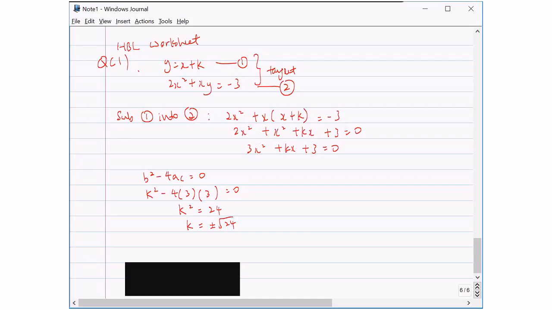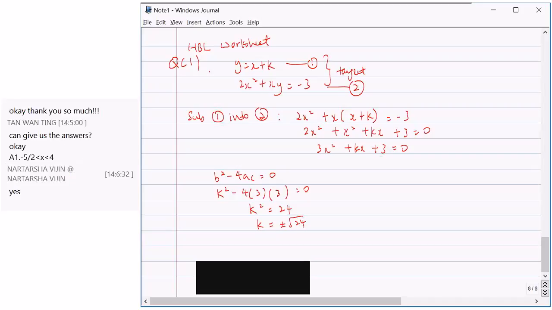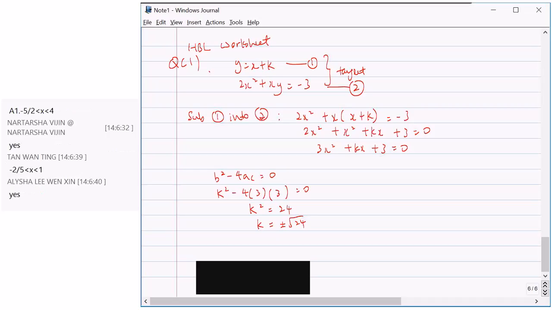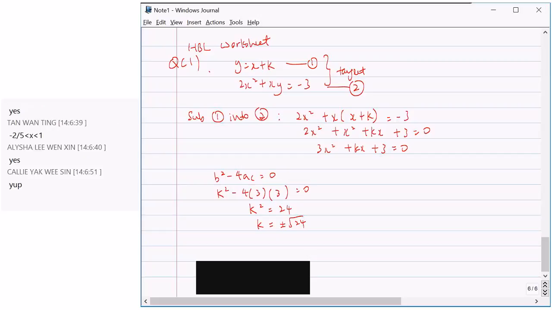Question 4. Kelly, the question you want, question 4, is it from Review Problems 3? Thank you, Alicia and Natasha. Okay. I will write the solutions on the board here and then I send a pic to you, okay? You wait a while.